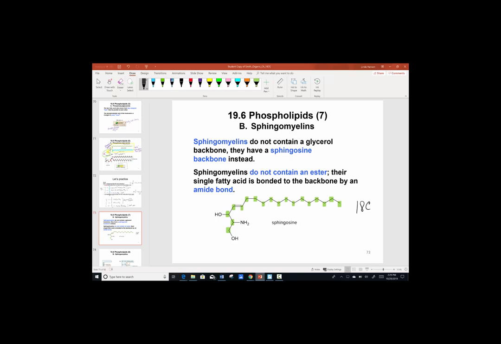That is the backbone. And notice the difference here is that in this section, this is a long carbon tail all by itself and does not need a fatty acid to create a second tail.